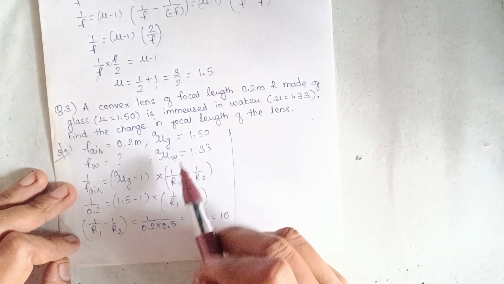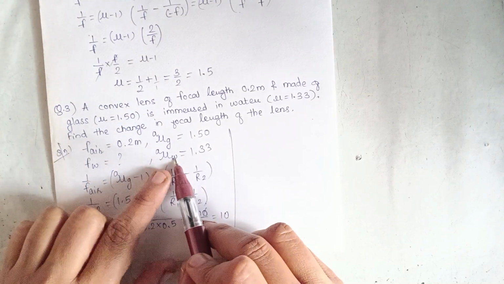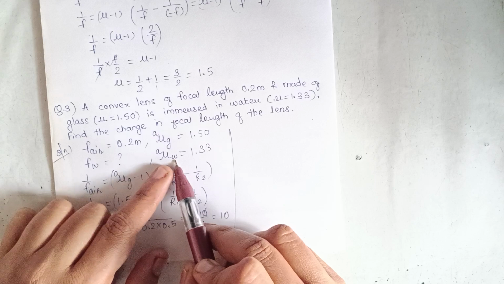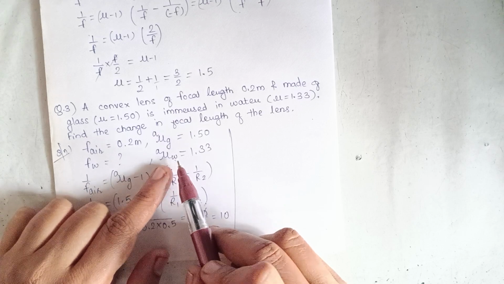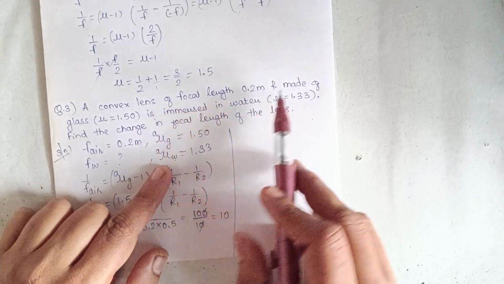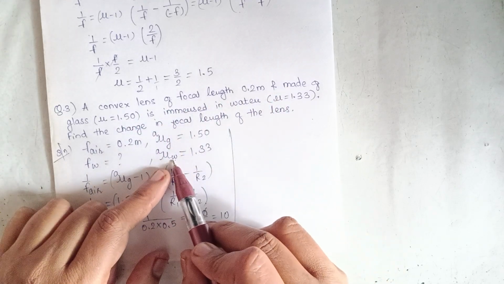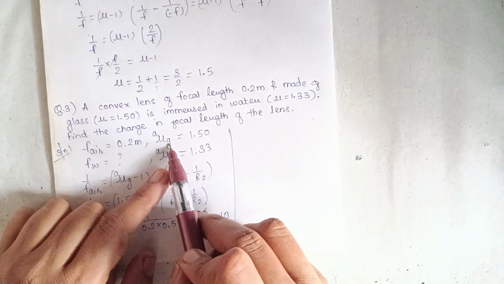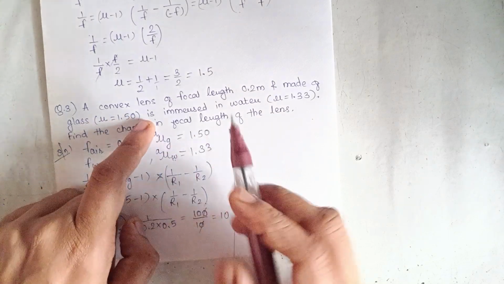But here they have given the refractive index, and the lens is immersed in water. So first we want the refractive index of glass with respect to water.